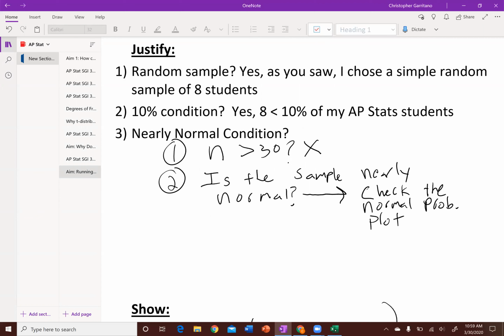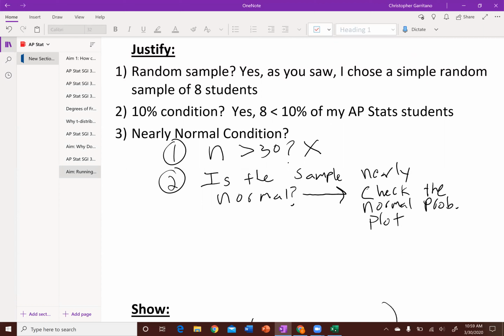So we're going to check the normal probability plot. We're going to hope to see a line. So I'm going to take that data in list 1, and I'm going to go to 2nd stat plot, and I'm going to choose the very last display. That very last display in stat plot, that's your normal probability plot.